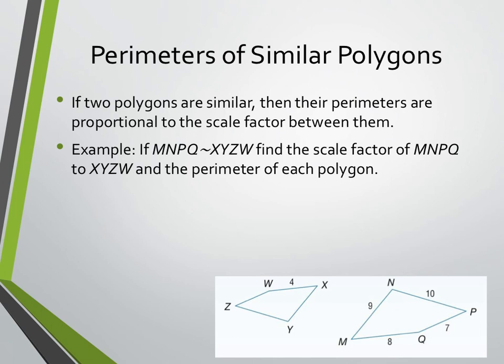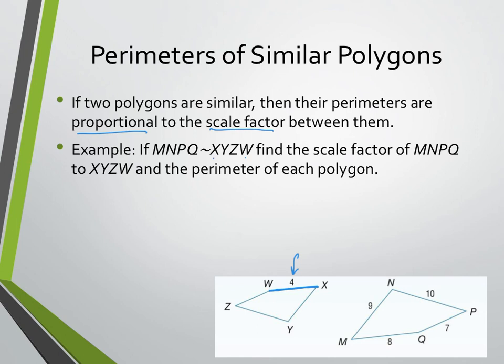Let's practice this. So here we have the perimeter. We need the perimeter of two similar polygons. Okay, and here we're told that they must be proportional to the scale factor. So first we need to find our scale factor. MNPQ is similar to XYZW. So here I have on this shape, I'm looking at XW or WX.